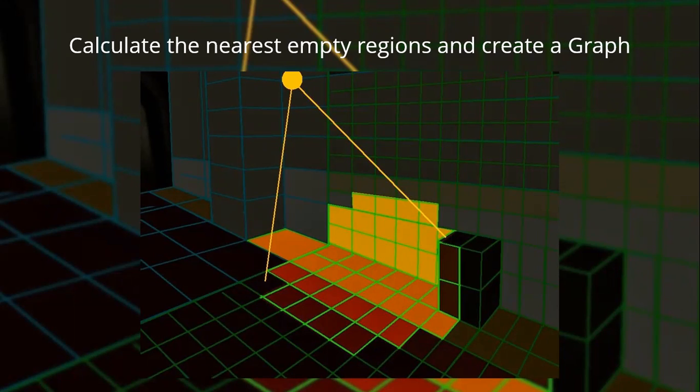So for this we had to go for a brute force approach, but we came up with a formula that allows us to compare the centers of both nodes and figure out if they are neighbors or not. And then using an empty region and all of its neighboring regions, we create a graph. This step would have a complexity of order k squared, where k is the number of empty regions.